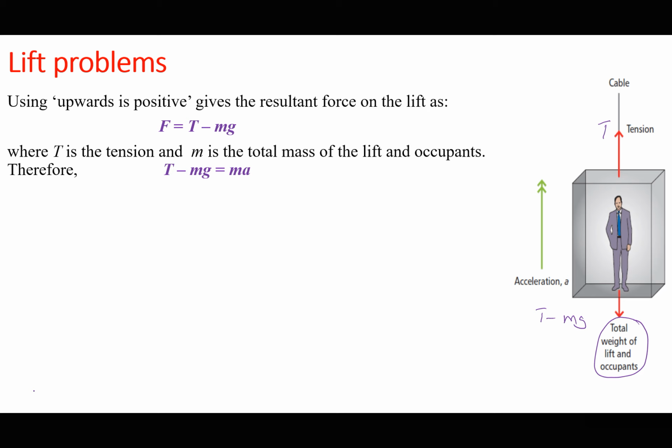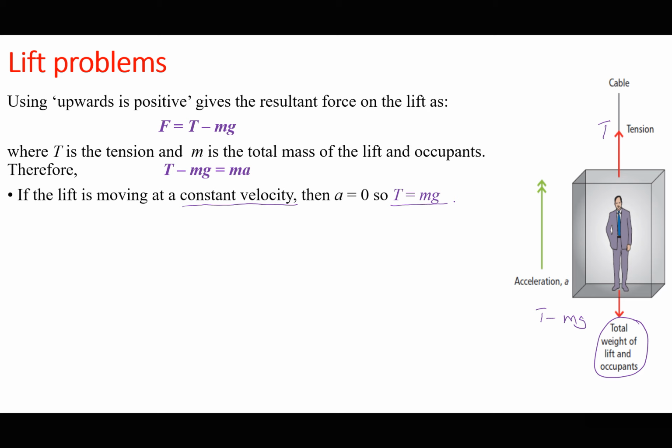Remember the resultant force is given by ma, so T minus mg is the same as ma. Now there are three conditions for us to think about here. If the lift is moving at a constant speed, of course, it means the acceleration is going to be zero. So the tension must be equal to mg.